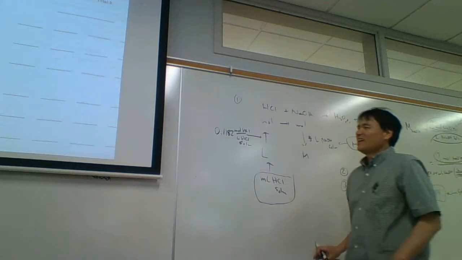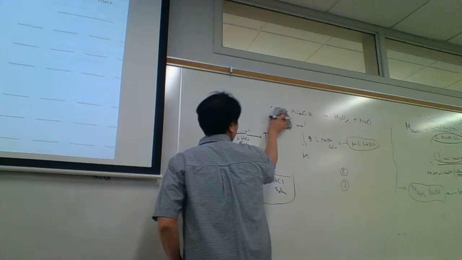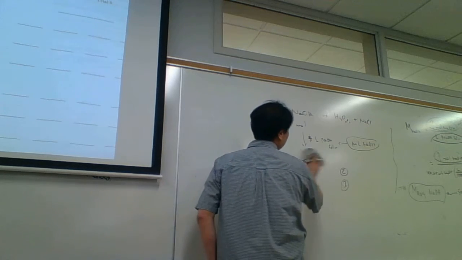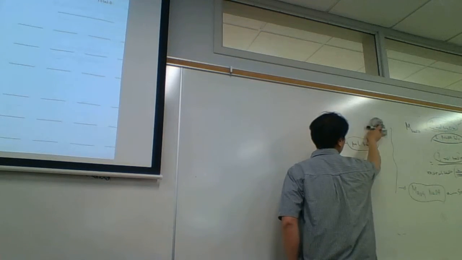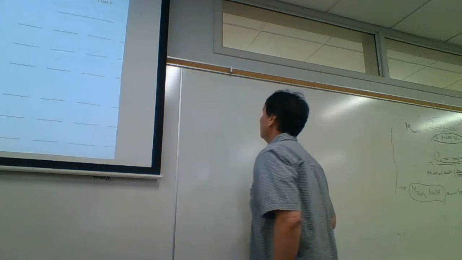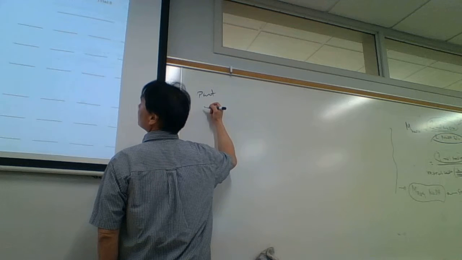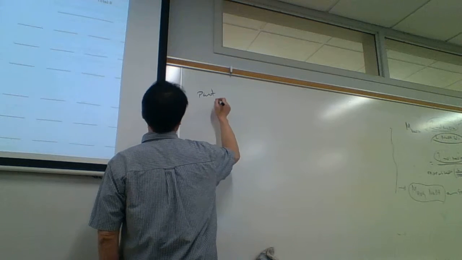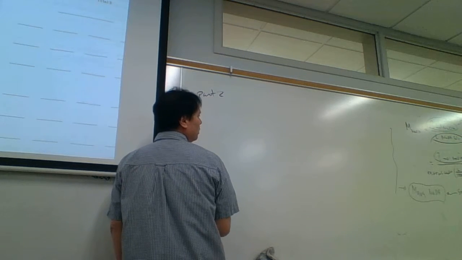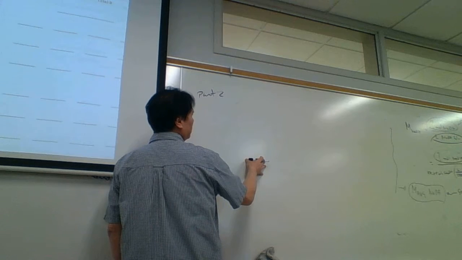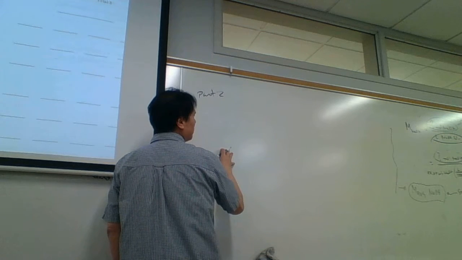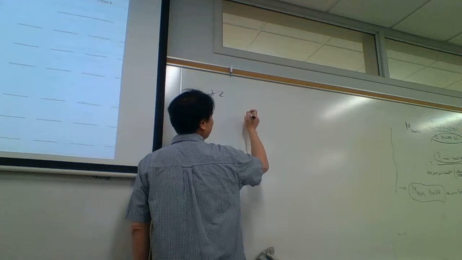All right, once the sodium hydroxide is standardized, then we're going to go to part 2 of this. And in part 2, what we're going to do is use this sodium hydroxide standard to determine the concentration of an unknown acetic acid.